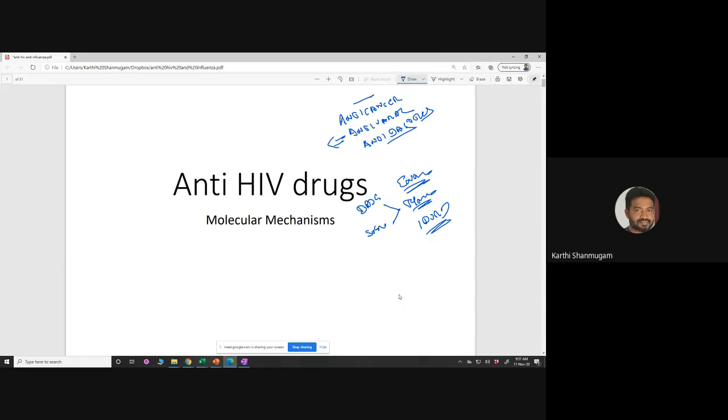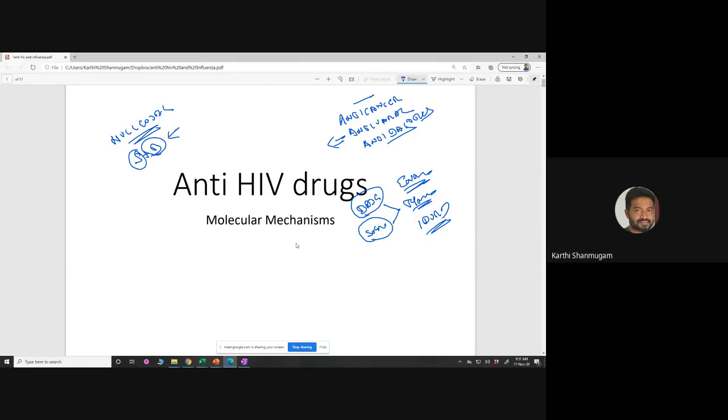Nucleotide is the building block of DNA. A nucleoside is a sugar plus the base, right? If the modification is at the sugar part, they are called sugar modified, and if the modification is at the base part, they are called base modified. Very basic thing, right?